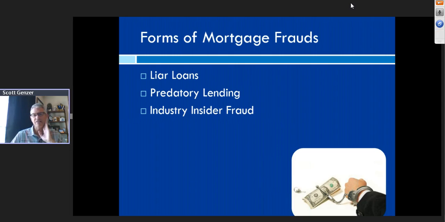So mortgage fraud has a lot of forms. We actually created our own fraud with the products that we allowed, and those were liar loans. Right? Tell me what you make, tell me how much money you have, no proof of income, no proof of assets. We created some loans that allowed people to perpetuate fraud without really doing fraud in their minds. But if they lied about their income, that truly was false information, and it was fraud.